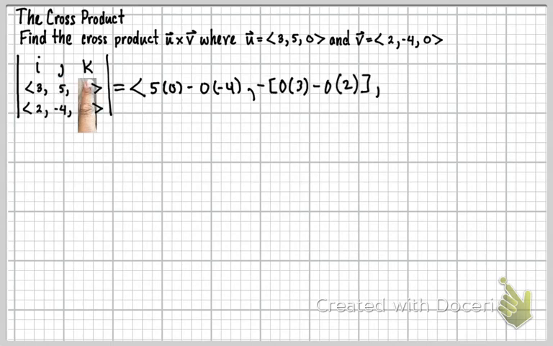And then for the third, covering up the third column, I'm going to get 3 times -4 minus 2 times 5. And that's going to be my new vector. To simplify that, that equals 0, 0, and for the last one, I'm going to get -12 minus 10, so -22.